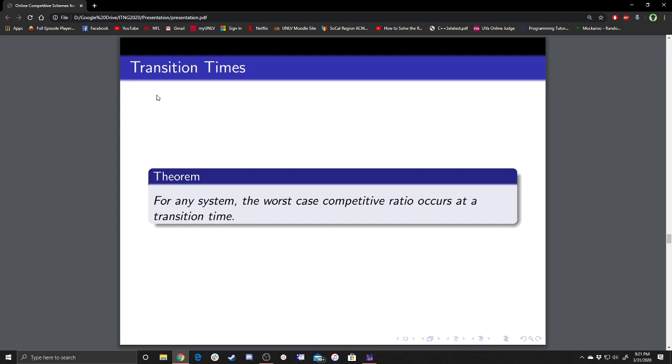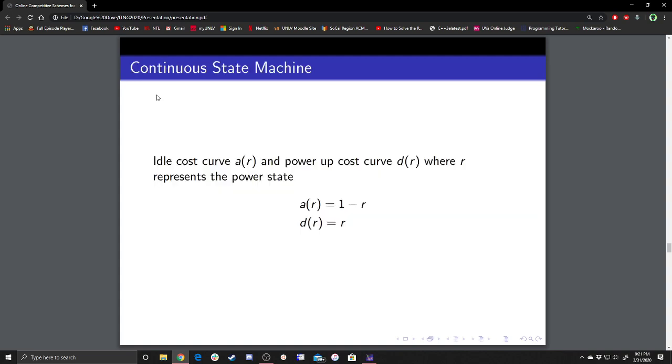So for the power down problem, the worst case is right when you transition to a lower power state, that's when the input comes in and we have to power up, because remember, for the power down problem, it must be in the on state in order to handle the request. If it's not in the on state, it must power up first. So if it switched to a lower power state and then a request comes, it could have been on for a second longer. That's what this theorem tells us.